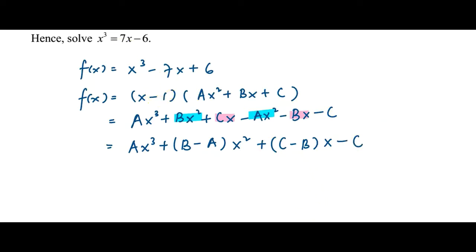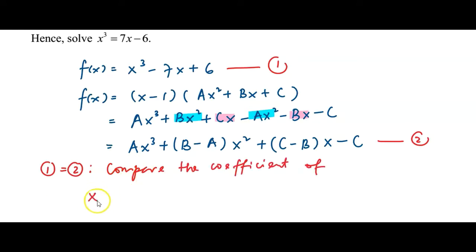So I'm going to compare f(x), which I name as expression 1, and expression 2. We're going to compare 1 and 2 because they are actually equal. First, I'm going to compare the coefficient of x cubed.